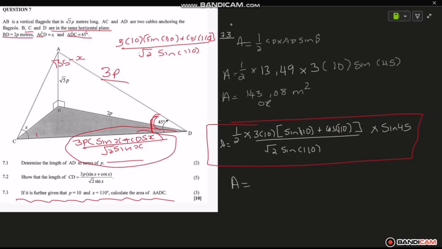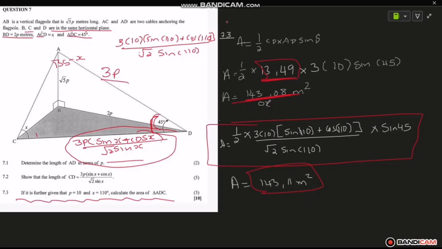So the area is 143.11. You see the answer is the same, but the decimals differ. Why? Because I rounded it off before the last step. So do not round off before the last step, right? Okay, so this is our answer.